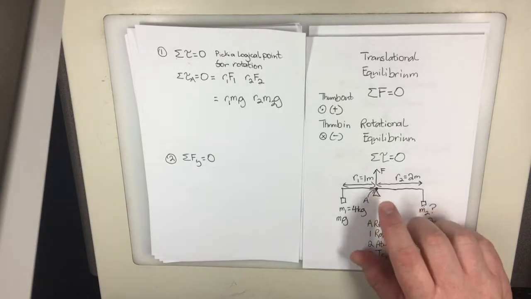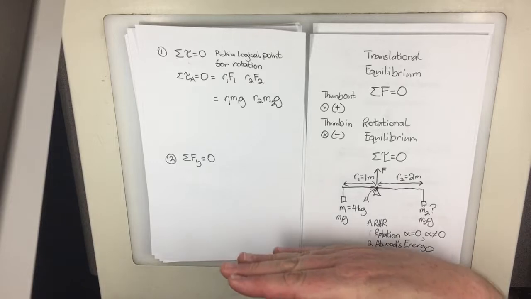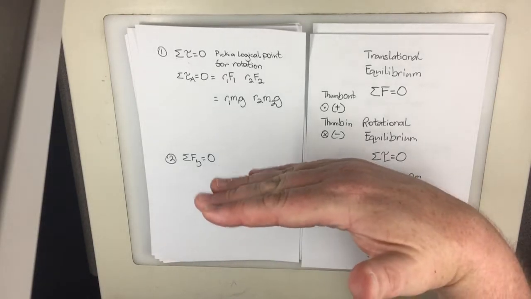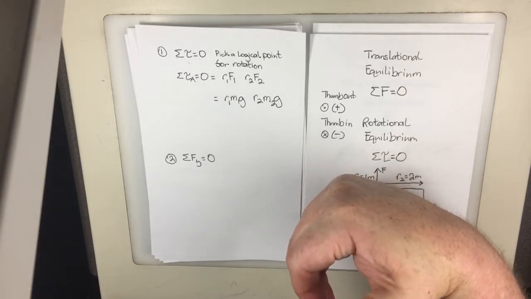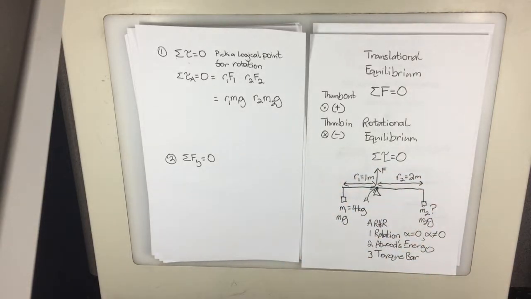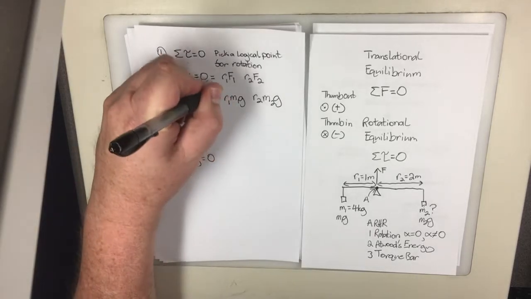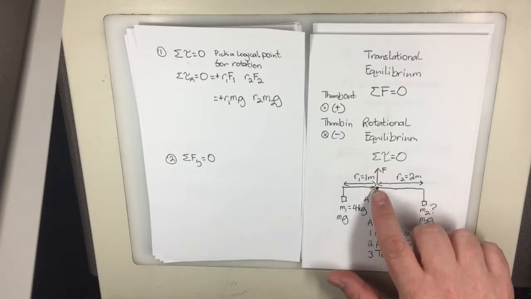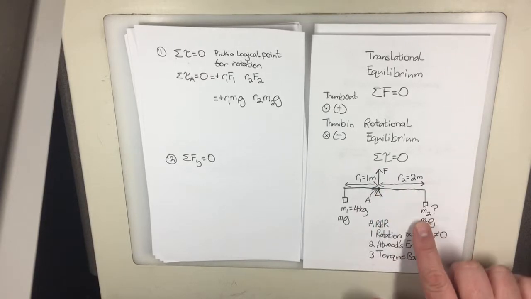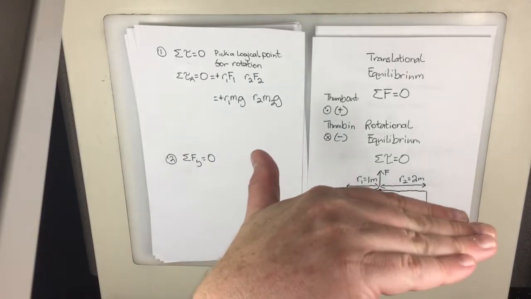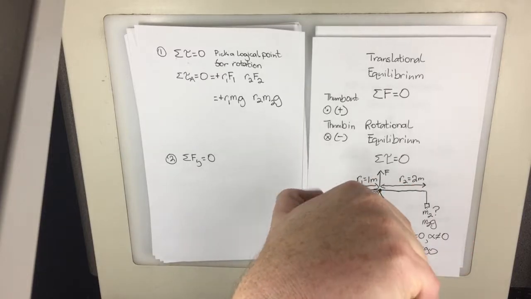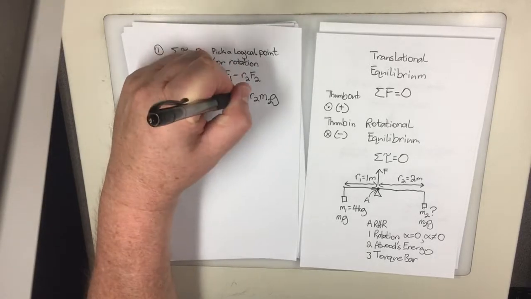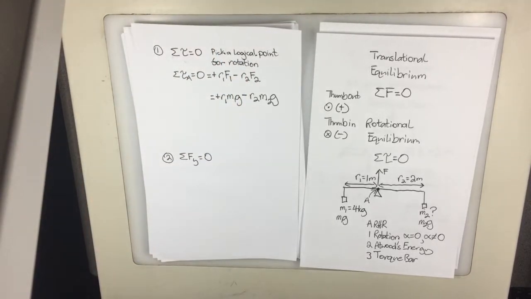So the first vector is to the left of the fulcrum. Put my fingers to the left. That force is towards the bottom of the page. Thumb points out of the page, so it is positive. This force here is to the right and down. So to the right, down, thumb goes into the page, or negative. And that is how it works.